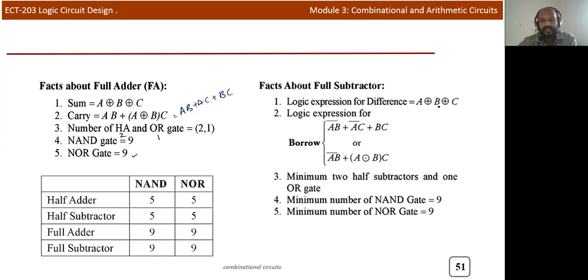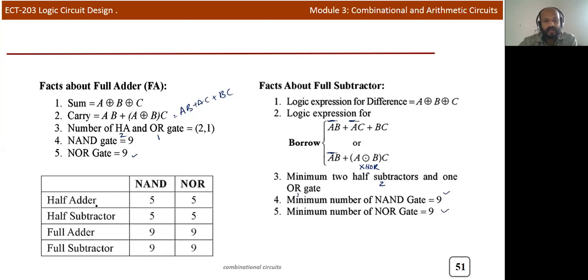Now the full subtractor. The difference equation is exactly the same, A XOR B XOR C, but the logic expression for borrow is A bar B, A bar C, and BC. Or you can write another expression, A bar B plus A XNOR B into C, if A, B, C are the inputs. Minimum 2 half subtractors and 1 OR gate are required. NAND gates 9, NOR gates 9.